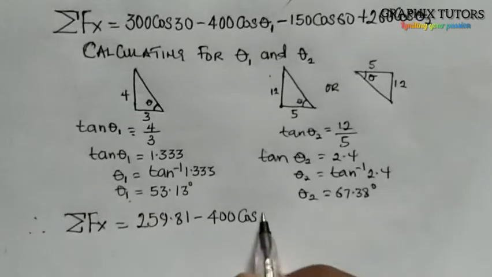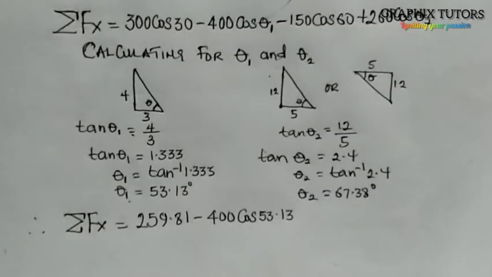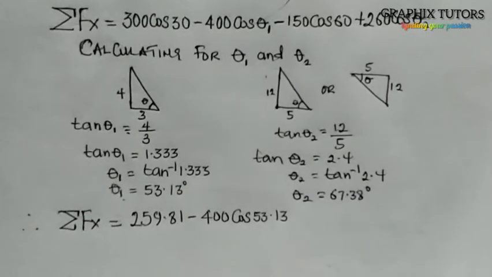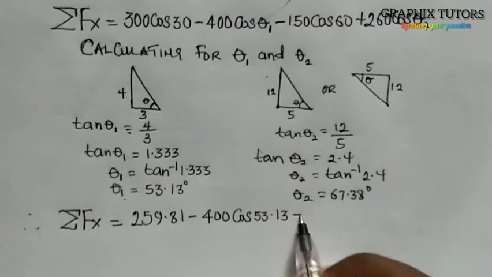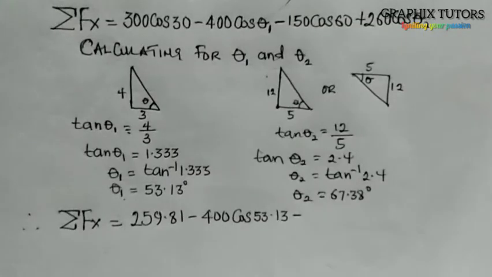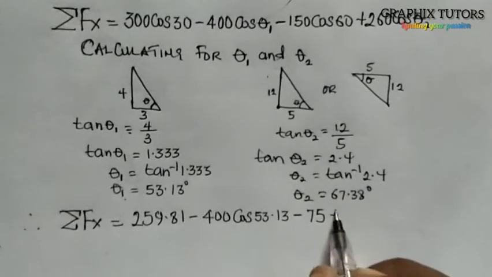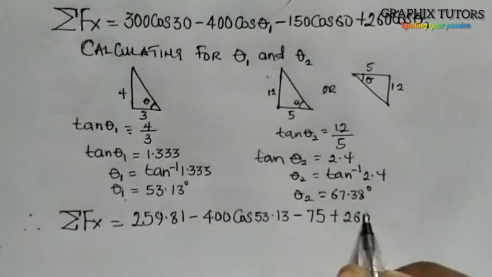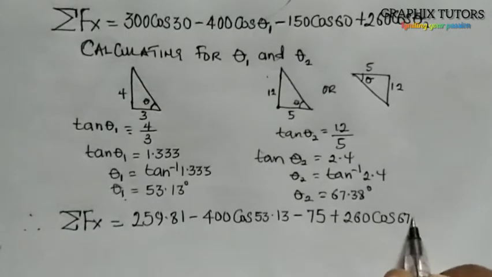Theta 1 is 53.13, right? So minus 150 cos 60, that gives us 75, right? Plus 260 cos theta 2, which is 67.38.